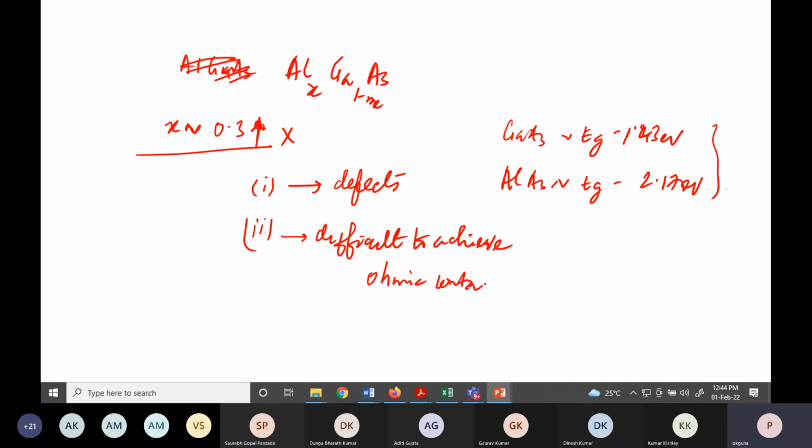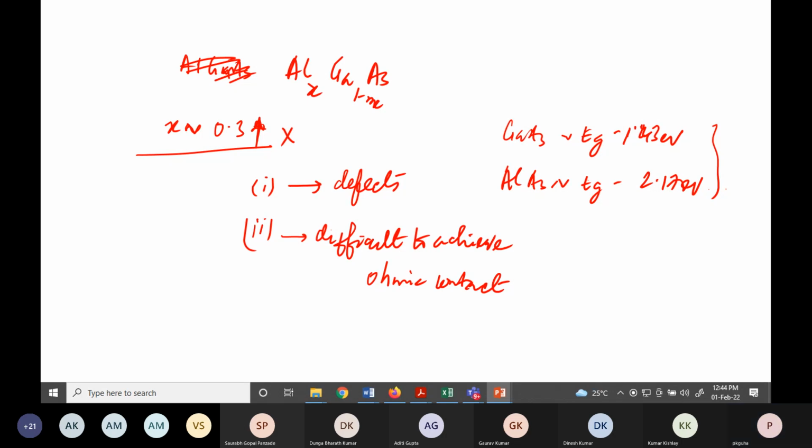Because you need ohmic contact at source and drain, right? So usually we don't go beyond 0.3, 0.4 of aluminum proportion in gallium arsenide, so that the defects remain minimum and we can achieve ohmic contact at the source and drain portion.